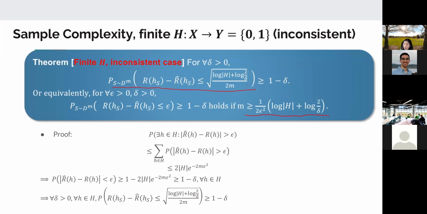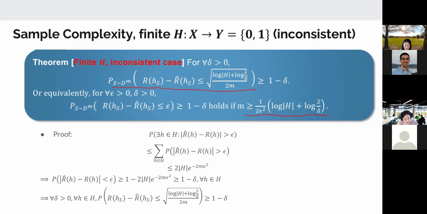Instead of characterizing that, you can characterize the probability that there exists an h whose generalization gap is greater than epsilon. This probability is smaller than or equal to the summation of the probabilities of each one of them being greater than epsilon. This is just a very simple argument, and we've seen it a couple of times in the previous lectures.